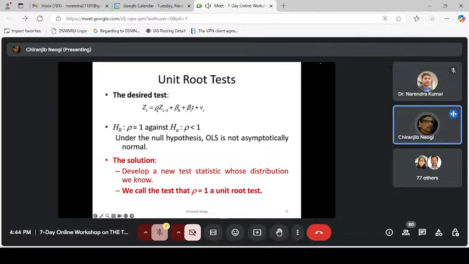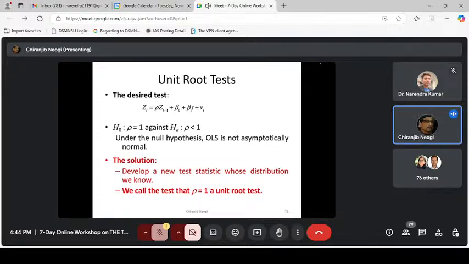If rho is equal to 1, then zt minus zt minus 1 is equal to vt, which is purely stochastic. So this is a non-stationary series. This will be a random walk, and this will be a non-stationary series.